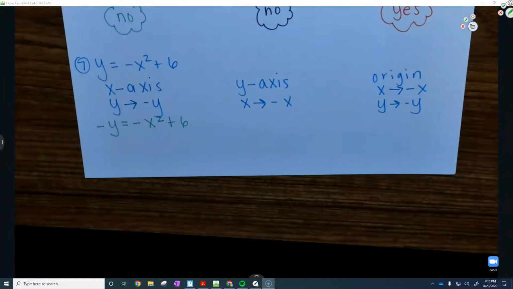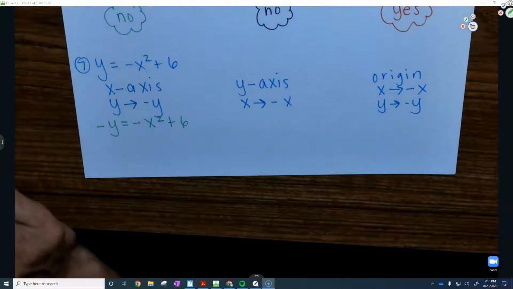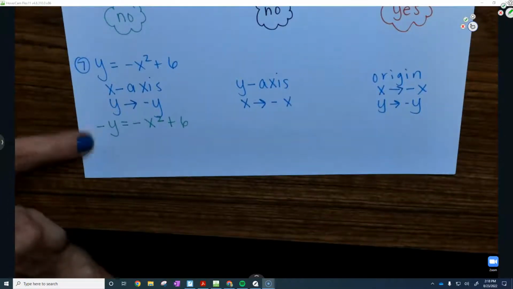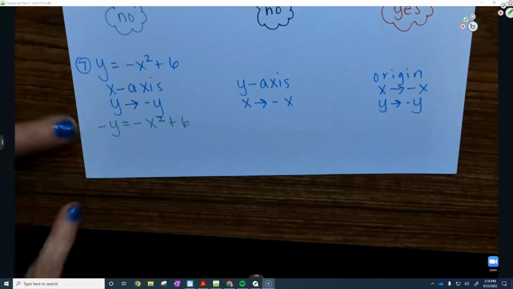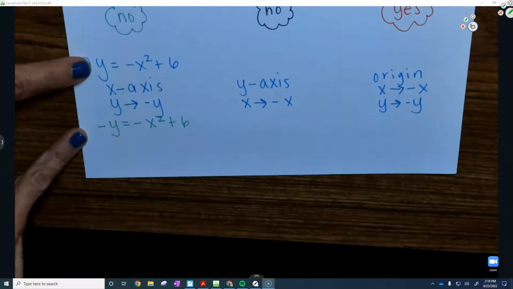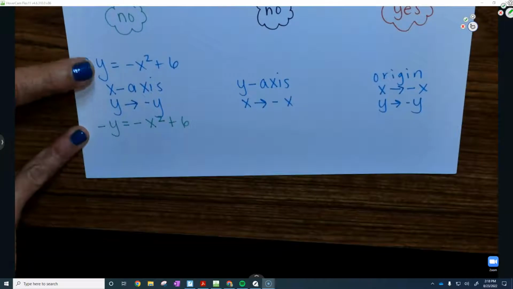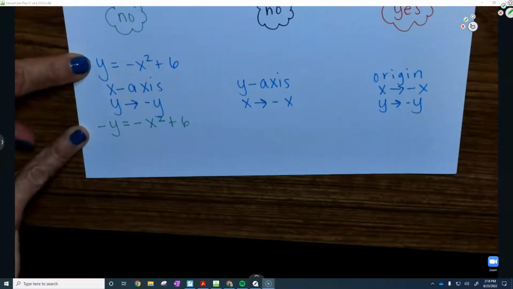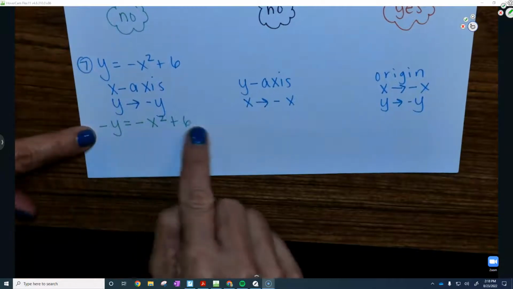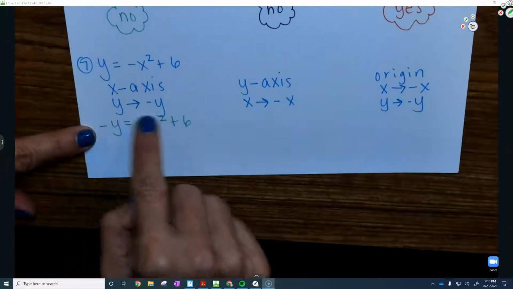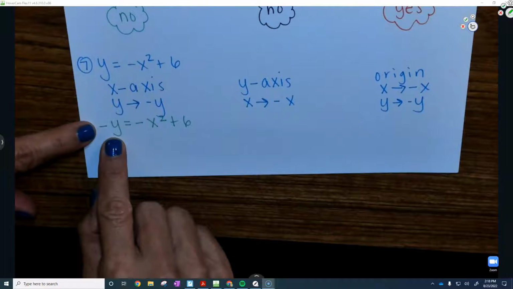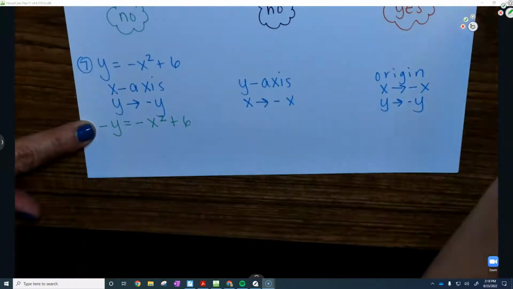This is important. If you have a highlighter, find a highlighter. When you drop in negative x, I really want to compare it to the original, but when you drop in a negative y, I want to compare it to the original, but the original is a positive y. This is an equation. What can I multiply this equation by to make that y positive? That's right. Let's multiply it by a negative 1.